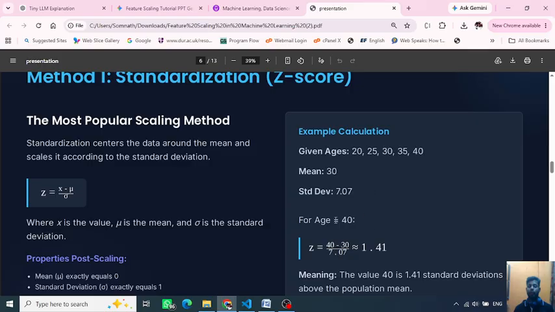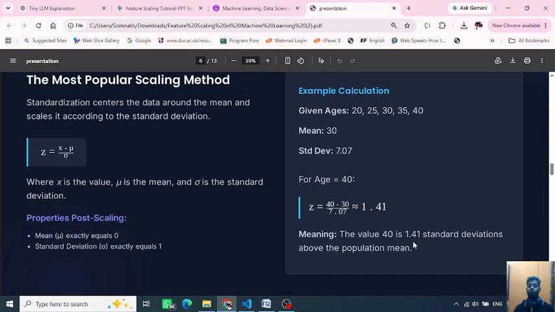Suppose we are normalizing the age 40. How? So x minus the mean. Here x is the original value, 40, minus the mean, divided by the standard deviation. It is 1.41. Now x becomes 1.41.